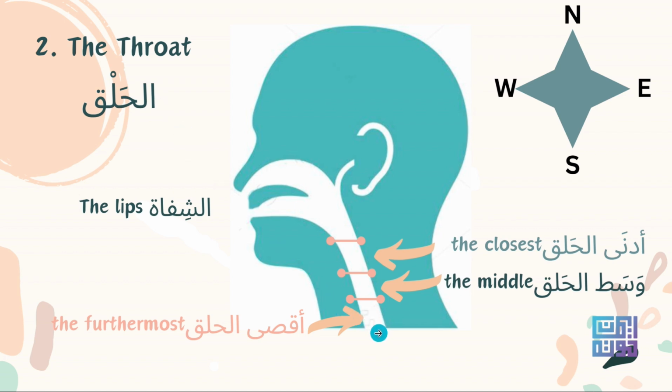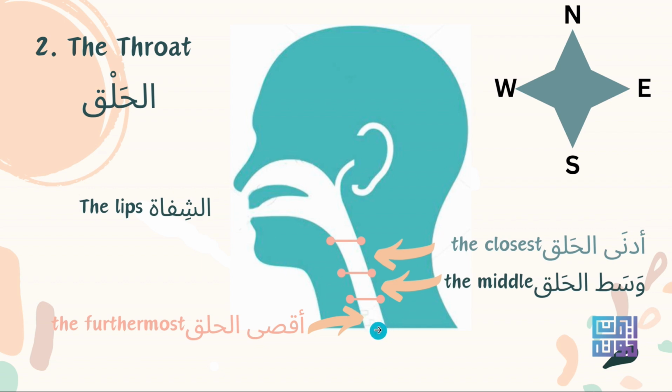Okay, let's move to the second articulation organ, which is the throat, al-halq. We mentioned this diagram before, and we said that the throat is divided into three parts. The furthermost, aqsal halq, and remember when we said the furthermost from what and the closest from what? From the lips.